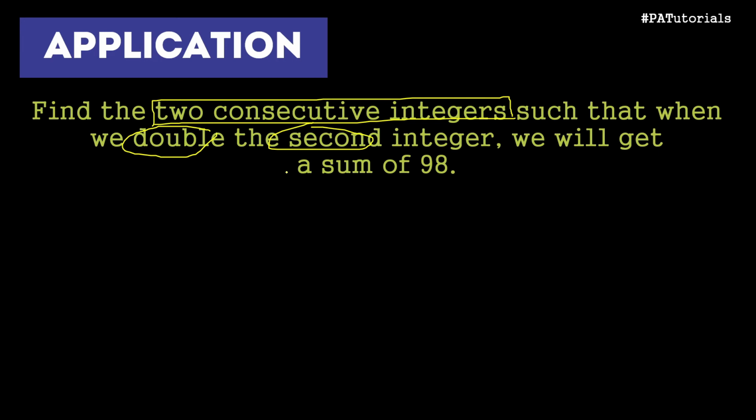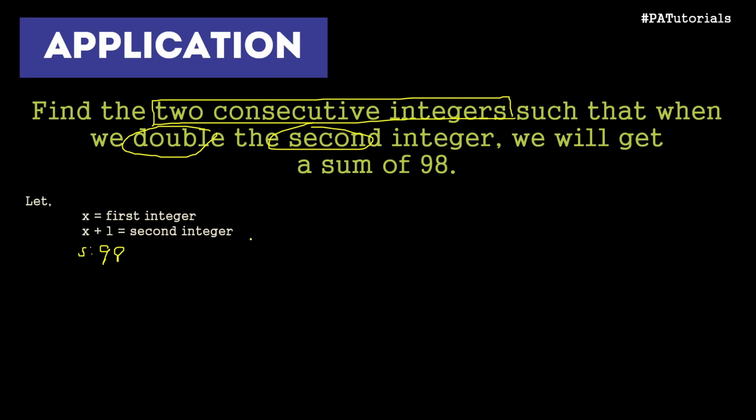Since meron tayong dalawang consecutive integers, same pa rin sa concept natin kanina. So, ibig sabihin lang nito, ang first integer natin is x, second integer natin would be x plus 1. Okay? Now, meron siyang condition dito. Sinabi niya na kailangan daw i-double yung second integer. Tapos, sinabi niya rin yung sum natin would be 98.